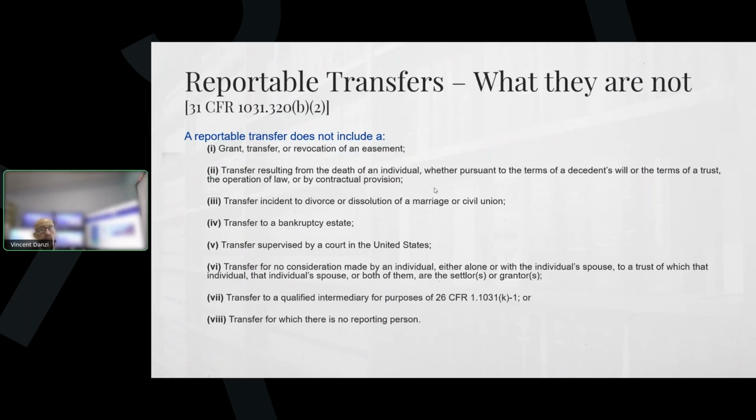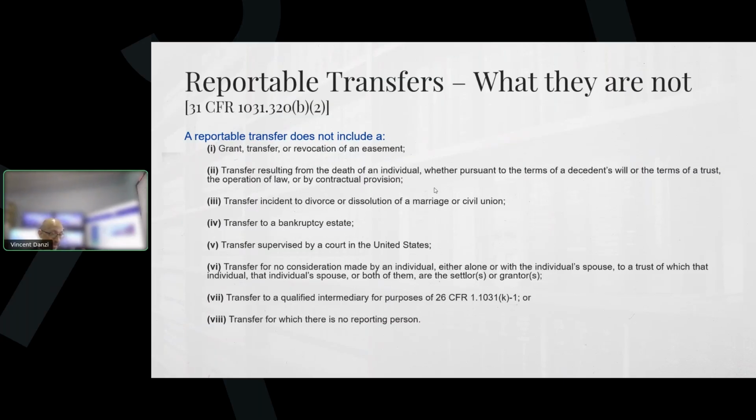It does not include a transfer resulting from the death of an individual, whether pursuant to the terms of the decedent's will or a trust, operation of law, or by contractual provision. It doesn't involve transfers incident to a divorce or dissolution of marriage or civil union. It does not include a transfer to a bankruptcy estate, or really any transfer that's supervised by a court.